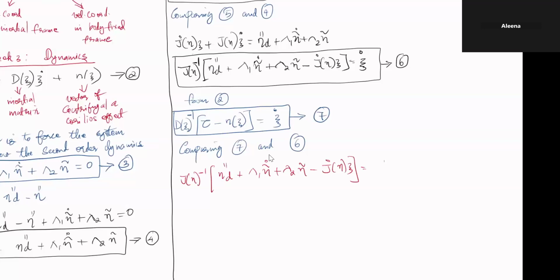This would be equal to D of zeta inverse tau minus N of zeta.